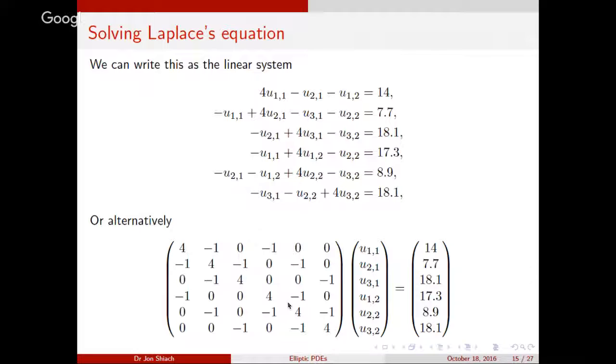So, for example, the first equation is 4 times U1,1, minus 1 times U2,1, minus 1 times U1,2, and that equals 14. So we have our matrix equation.